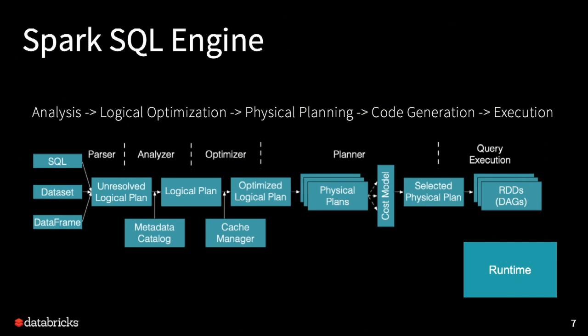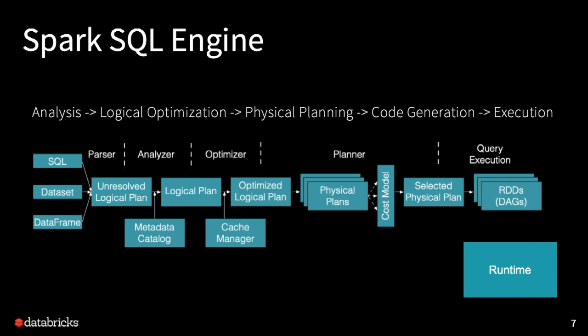The Spark SQL engine is basically a query compiler and a runtime. So here's the workflow of the Spark SQL engine. It first takes user input like SQL, datasets, or data frames and turns it into a logical representation. Then this logical representation goes through the analyzer, which verifies the plan, resolves references, and so on.